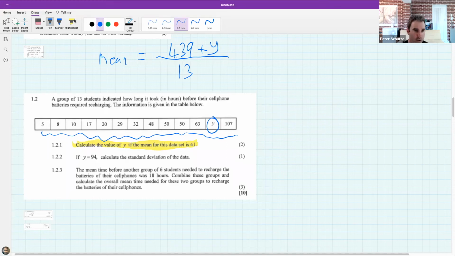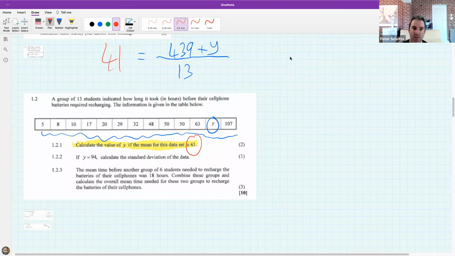Yes, Asanda. So can't I replace the mean with the value that they told me? So then, isn't that an equation that I can solve? How would we solve that equation? And what value do you get for y?